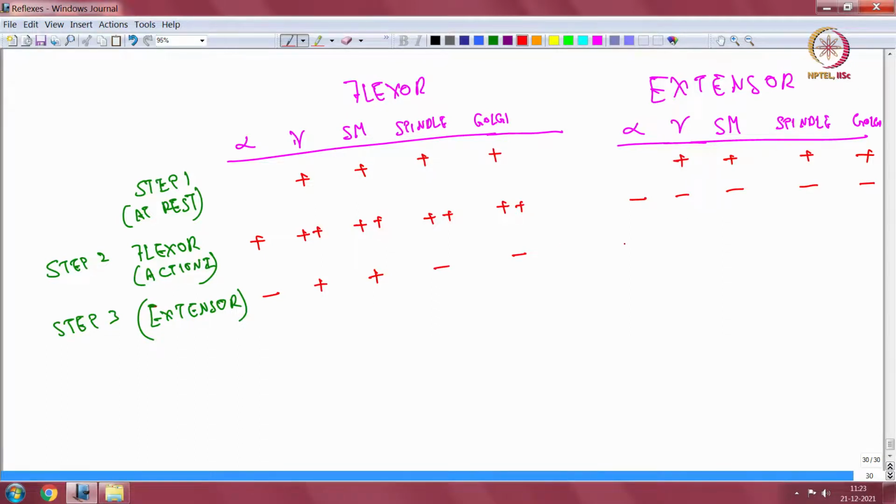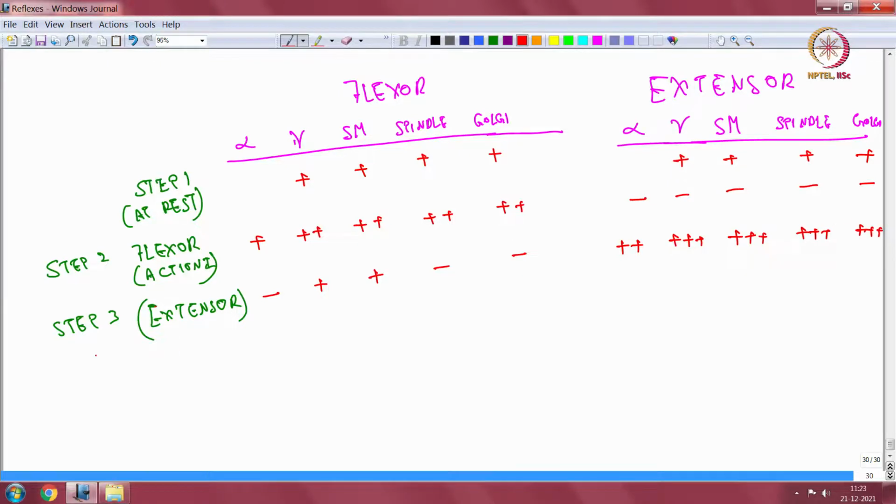You have the extensor which is stepped up. Extensors generally are weaker muscles. That is why I am trying to include a bit of discrepancy into the power systems. So, you need to step up extensor tone. That sort of increases skeletal muscle, increases spindle, and then you have this.